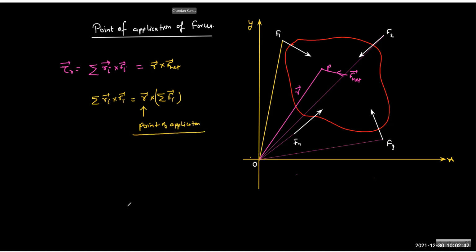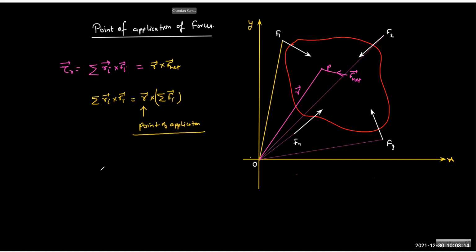Very long time back, this was asked in JEE. Am I audible to you? Yes, sir. So the point of application is that point about which the torque of the resultant force is equal to the actual torque due to all forces acting on the body. That's the only definition. We will not apply this in the general case.